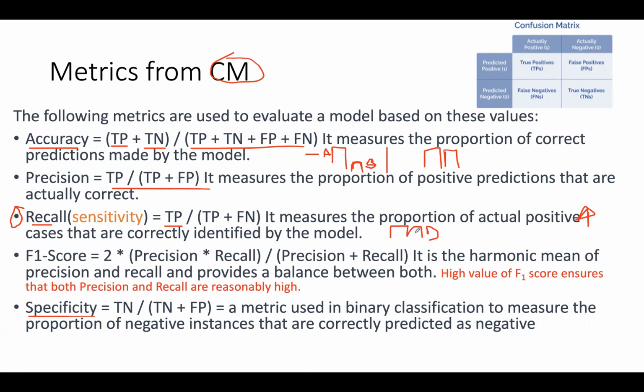Because this can have very serious or catastrophic consequences. In contrast, when we talk about precision here, a high precision does not guarantee that all positive cases are detected.